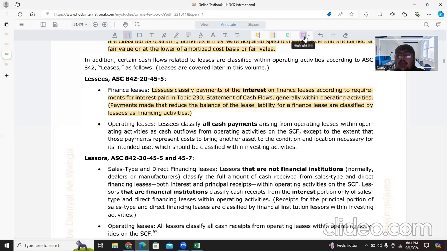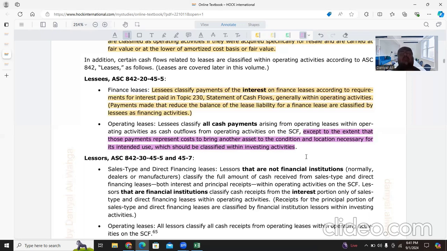There is an exception to this rule. Let me highlight the exception. It says that any payment of an operating lease which represents a cost to bring another asset to the condition and location necessary for its intended use should be classified as investing.